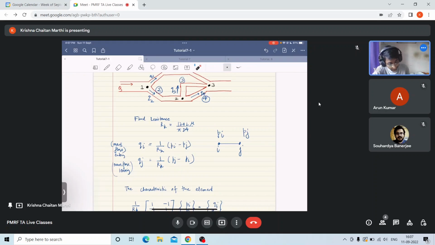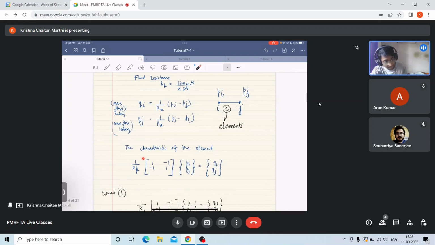So for this element, the characteristics of this element can be represented as 1 by Rk times the matrix [1 -1; -1 1] times [Pi Pj], which is equal to [Qi Qj]. So I have written this expression for one element.